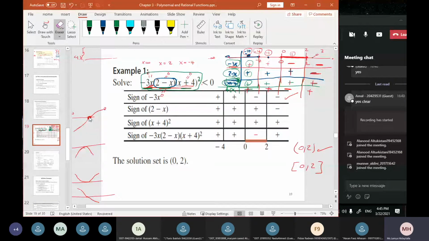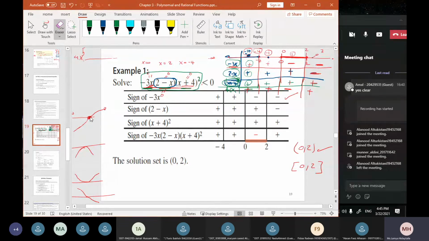Unless the y value is zero, right? For the y value to change from negative to positive it should pass through the point 0. So if I want to know where the function is negative and where it is positive, it's easy to find these points where the function will cross the x-axis, and then test.